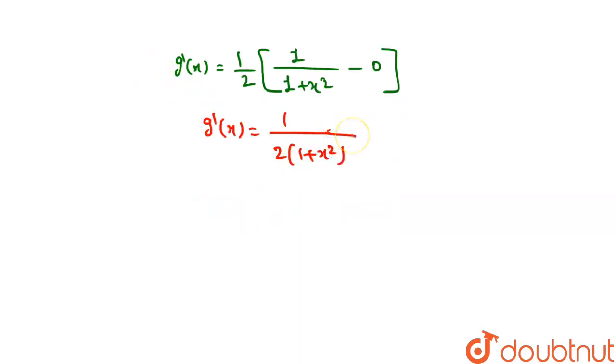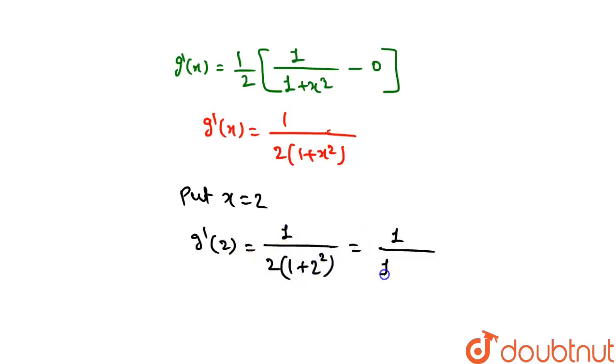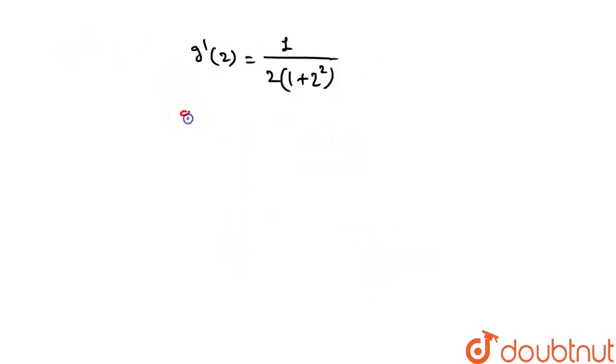Now to find f dash 2, we have to find g dash 2. So put x is equal to 2 here. So we get g dash 2 is equal to 1 upon 2 times 1 plus x, which is 2, so this is 2 square. Now in the next step, g dash 2 is equal to 1 upon 2 times 2 square, that is 4, plus 1, 5, so 1 upon 2 into 5, so g dash 2 is equal to 1 upon 10.